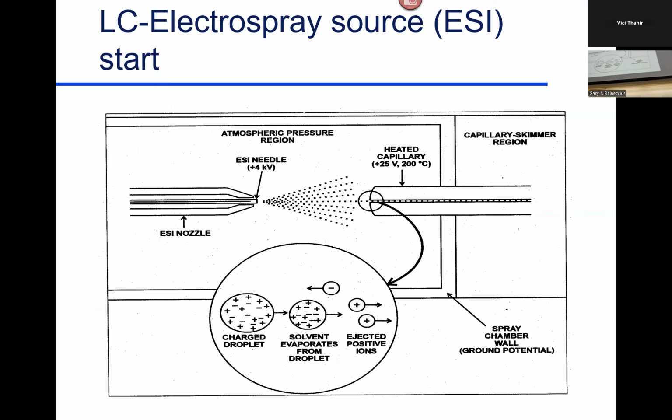There's about 4,000 volts of incentive to pick up a charge and explode. That comes through this dotted region up here. Then there's a place where these ions go into the mass spectrometer for separation. So the atomization, the fragmentation, breaking down into pieces, and then gathering those pieces to do your identification from.